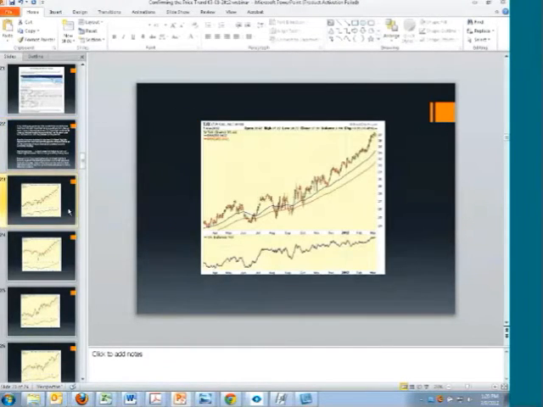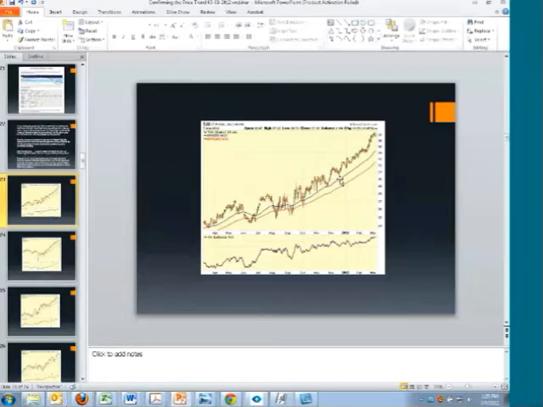So let's just look at a couple of examples. These are, again, stocks that we have in the Inner Circle portfolios, or they're on the list of possible buys. Here's again TJX, and we see the price uptrend here with the daily price movement.